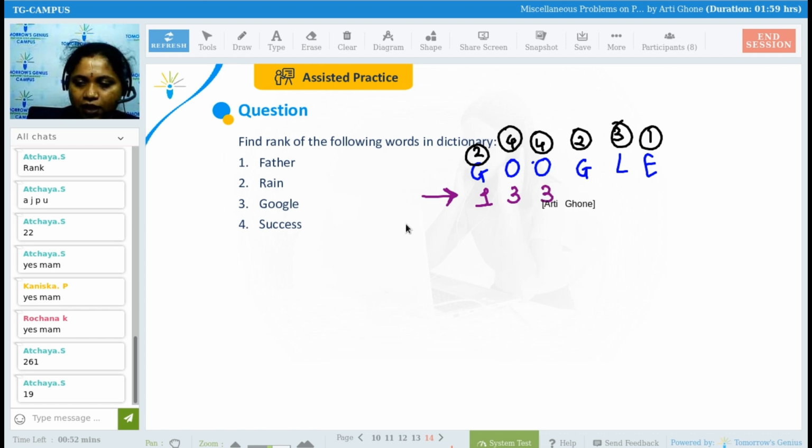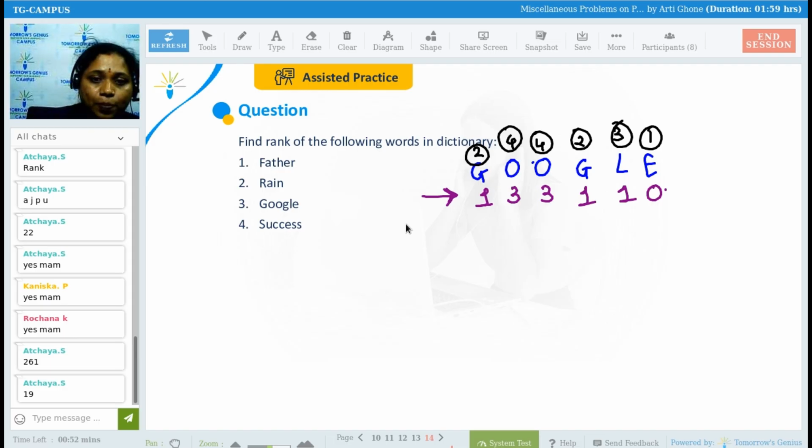Then this one is also 3. Less than 2 is 1. Less than 3 is 1. Less than 1 is 0. Clear? This count is clear. 1, 3, 3, 1, 1, 0.